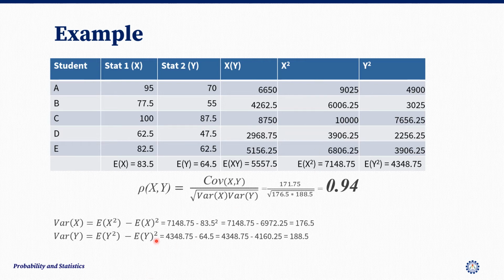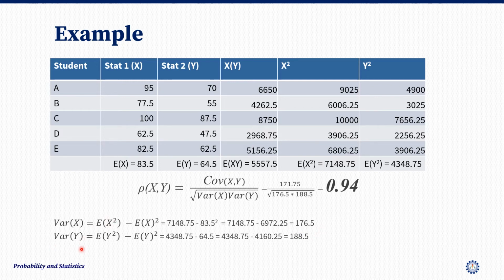Now we follow the formula: 7148.75 minus the expected value of x, which is 83.5, squared. So 7148.75 minus 6972.25 is equal to 176.5.